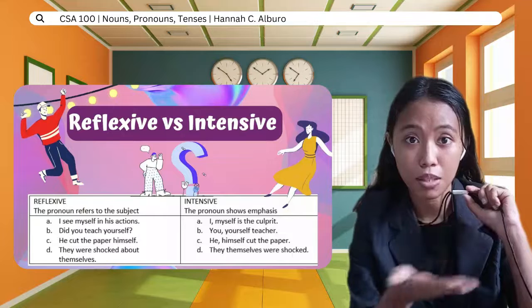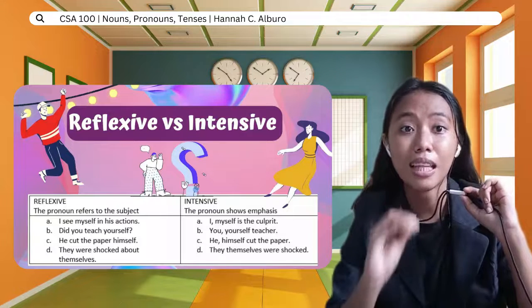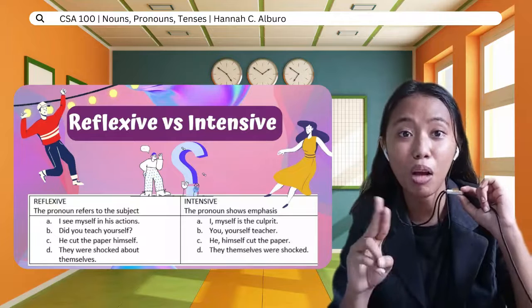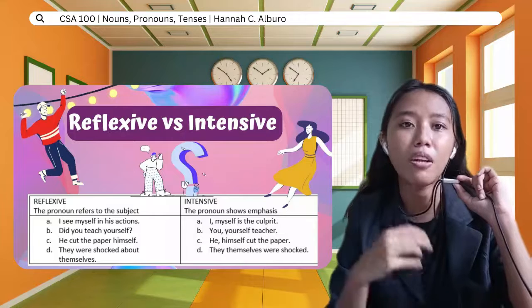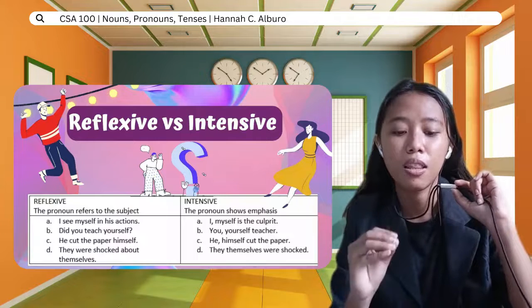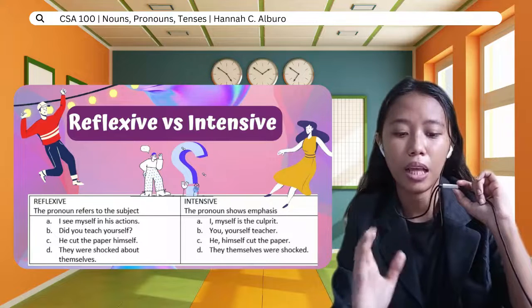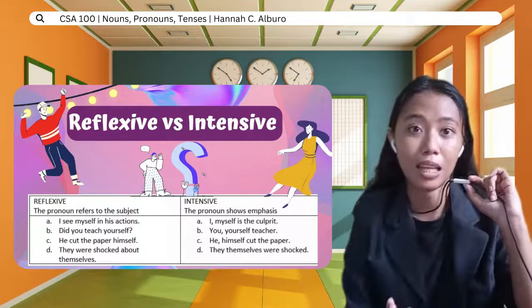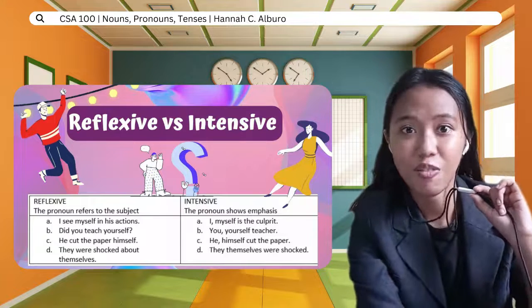They themselves were shocked." Notice that in the intensive pronouns, both pronouns are beside each other, together. While in reflexive pronouns, they are not put together, the word is in between them. So that's the difference between reflexive and intensive pronouns.